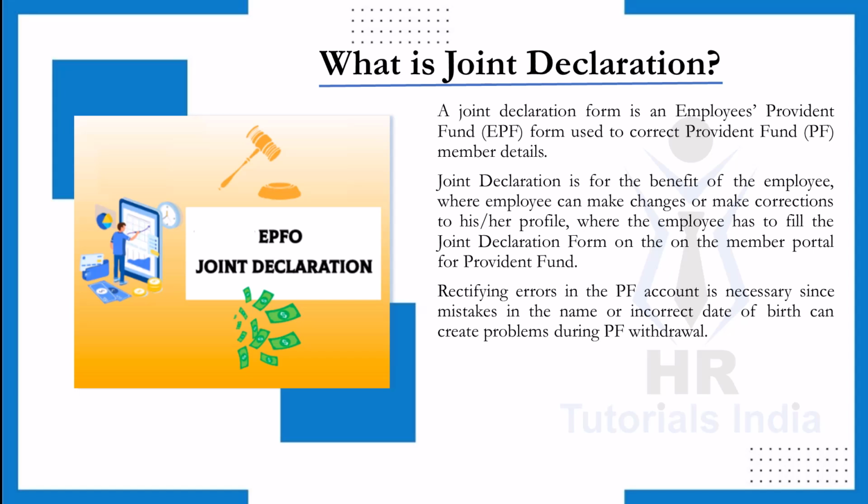So an employee should make sure that the details, that is name, date of birth, father's name, etc. should be correct and should match with the bank and the Aadhaar. So here the joint declaration will help the employee to make the corrections in their profile.